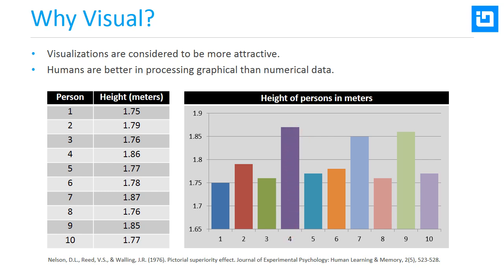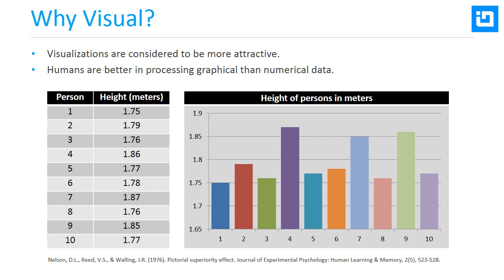So what happened now? This time it was not a serial search, but it was a parallel search. We didn't have to go through every single one of these columns in the chart, but we saw instantly, even pre-attentively, before we actually knew what we were looking for, that this guy here is the tallest guy. And all we had to do after that was to go down and read out number 4.